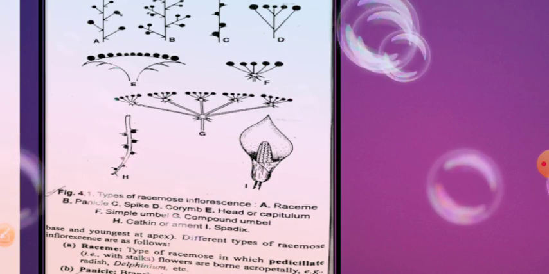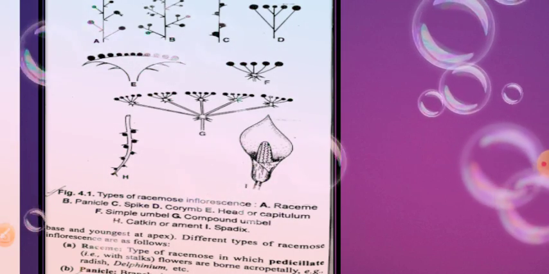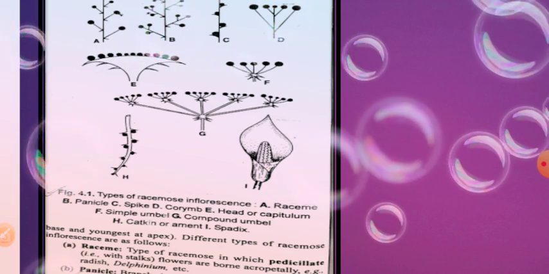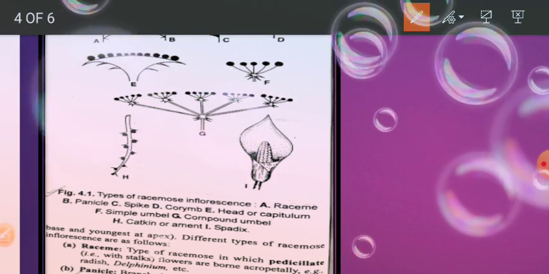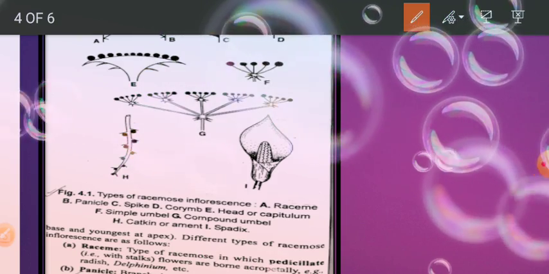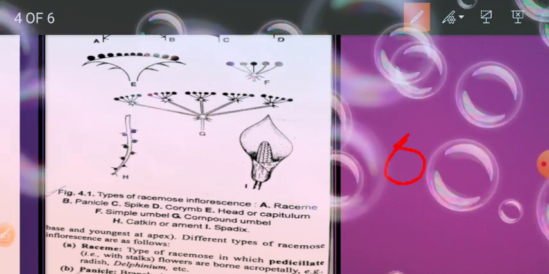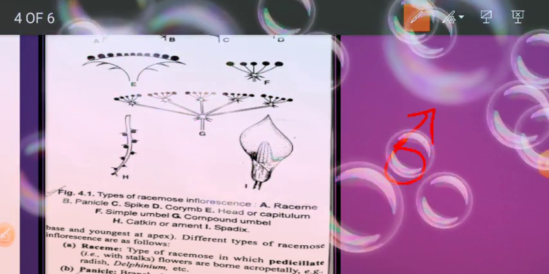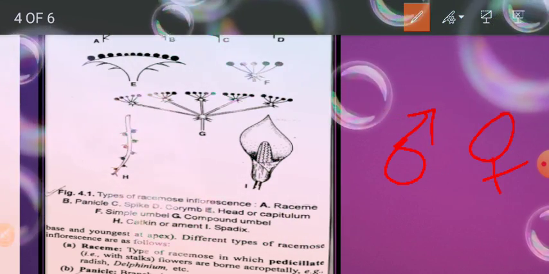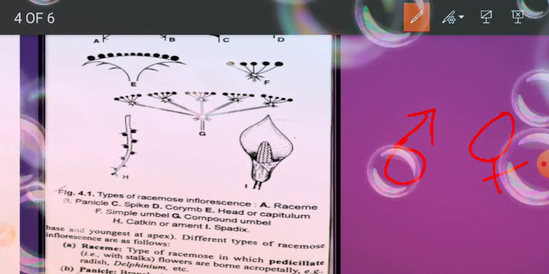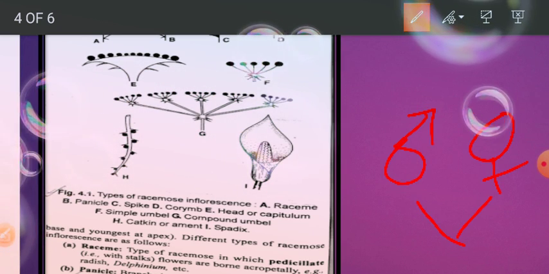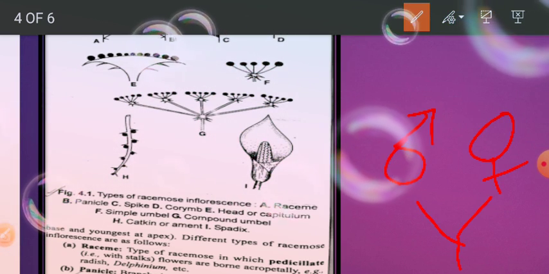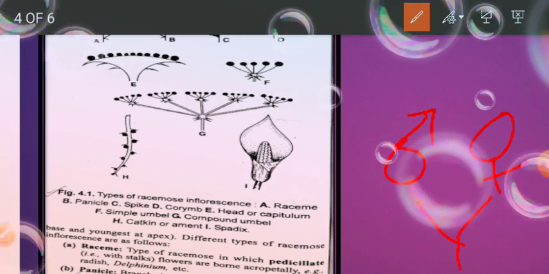So what is the bisexual flower or unisexual flower? Suppose this one is the male flower, denoted as this type, and the female flower is denoted as this type. If male and female flowers are present in the same plant, this is known as bisexual.